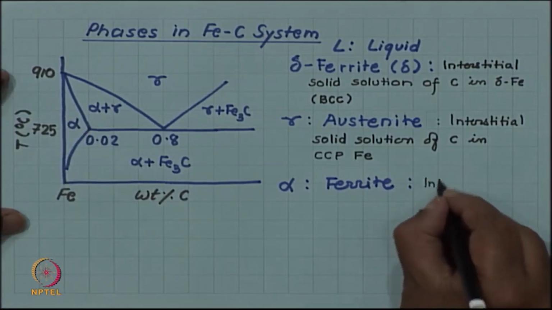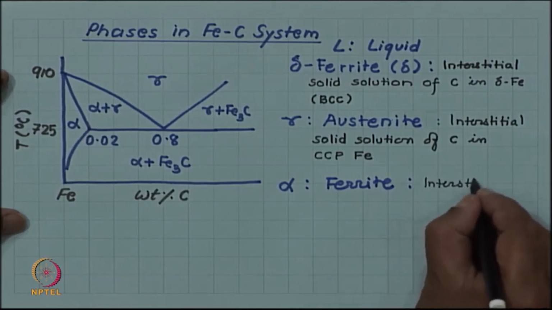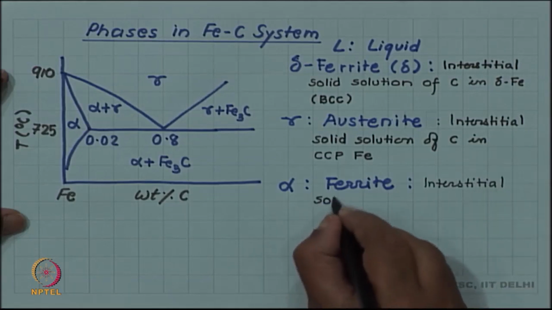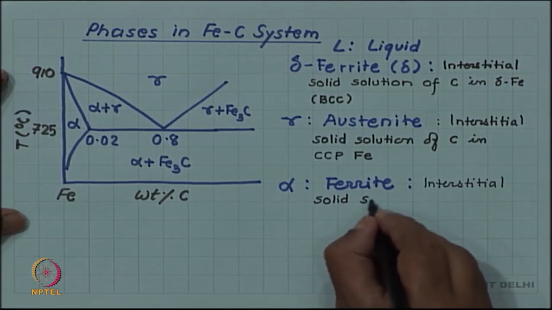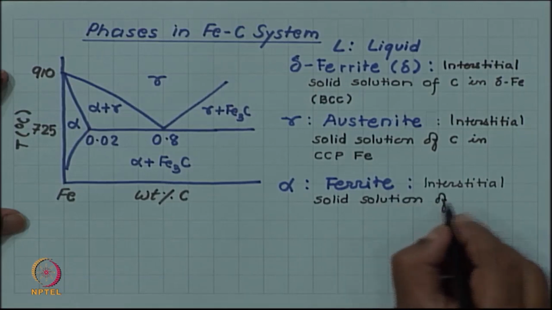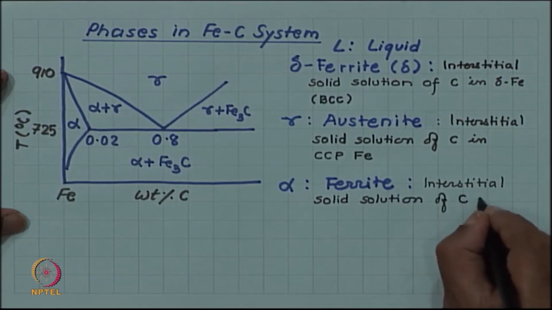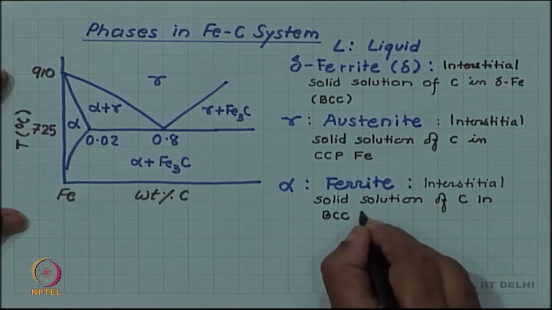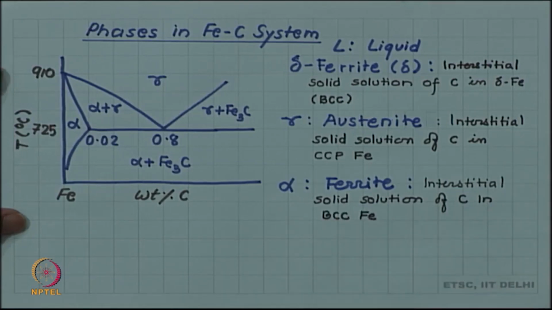This is again an interstitial solid solution of carbon in BCC iron. So both delta and alpha have the name ferrite, only the delta is known as delta ferrite.